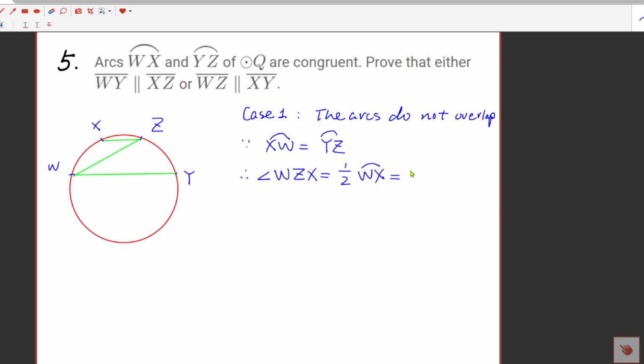And that also equals 1/2 of arc YZ, and that equals angle YWZ, right? So we have shown that angle WZX equals this angle here, YWZ. Therefore, we can say segment WY is parallel with segment XZ.